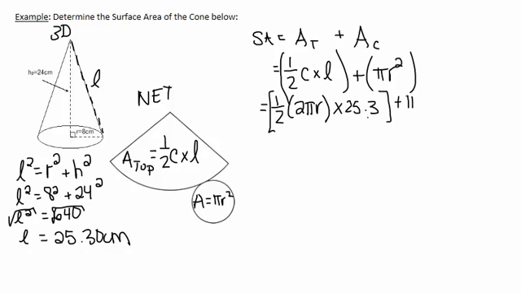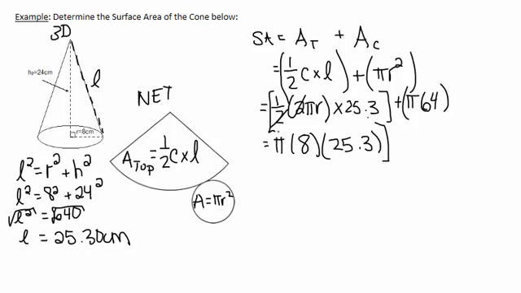And then we can sub in our 8 for r, which becomes 64 once we square it. And now these two numbers cancel each other out. So we're left with pi times radius times slant height plus 64 pi.